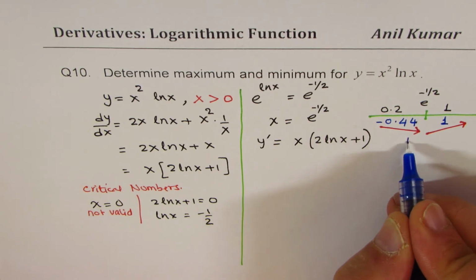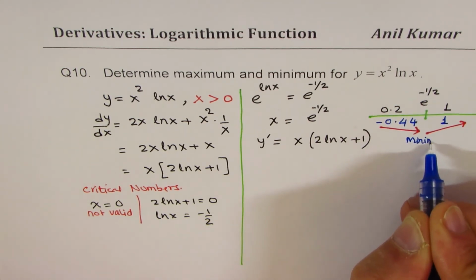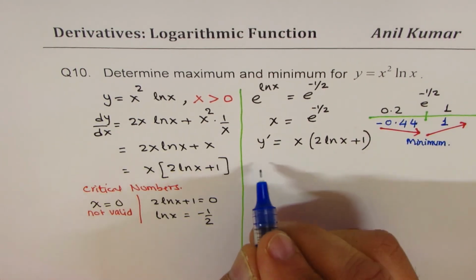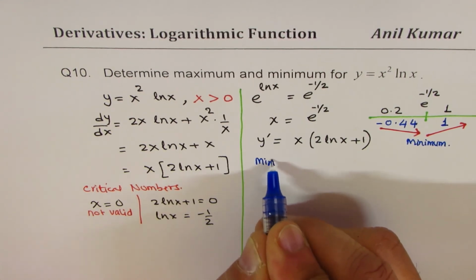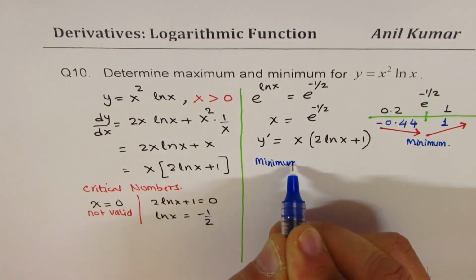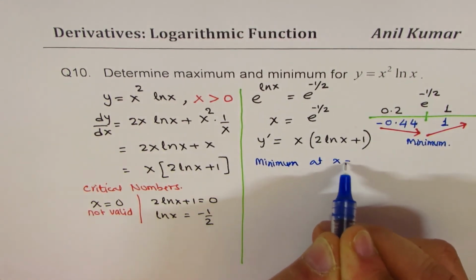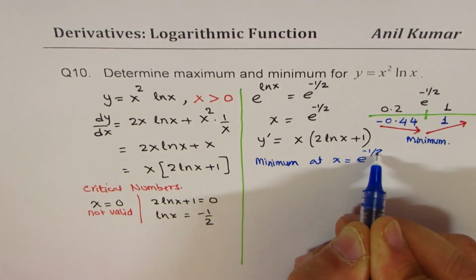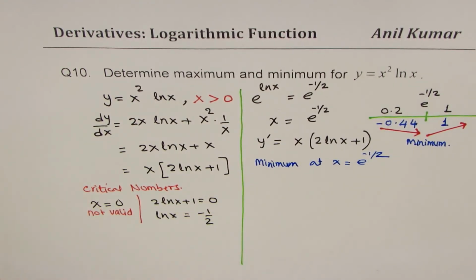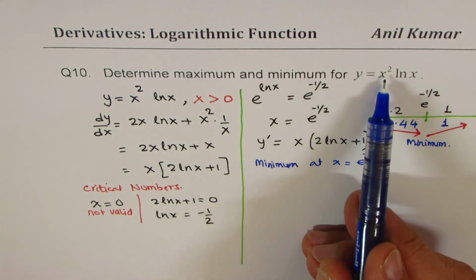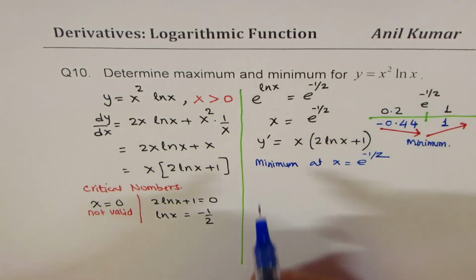So we have a minimum at x equals e to the power of minus half. So that is what we have. And now we can find the value of the function by substituting x equals e to the power of minus half in the expression.